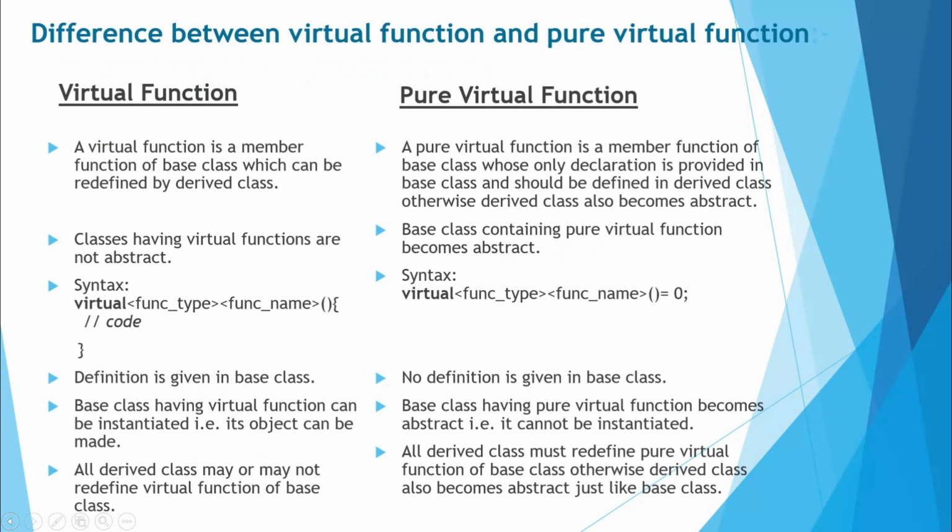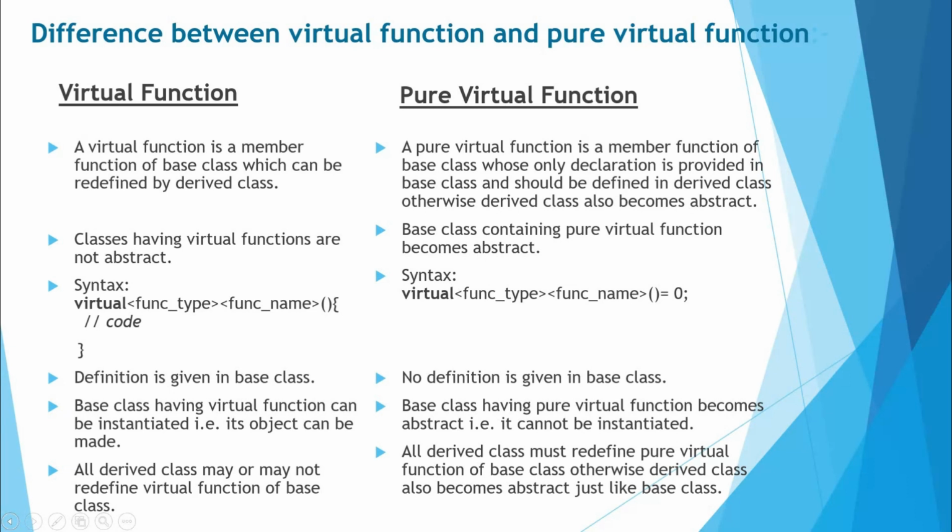Now the difference between virtual functions and pure virtual functions. A virtual function is a member function of the base class which can be redefined by the derived class, whereas a pure virtual function is a member function of the base class whose only declaration is provided in the base class and which should be defined in the derived class, otherwise the derived class also becomes abstract.